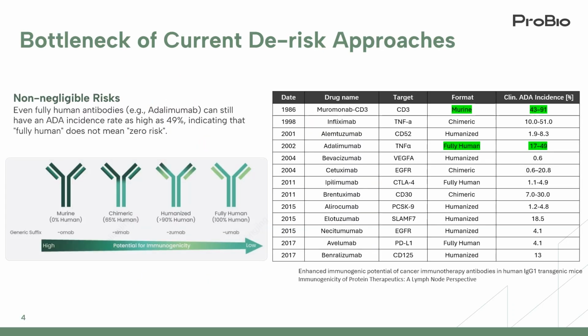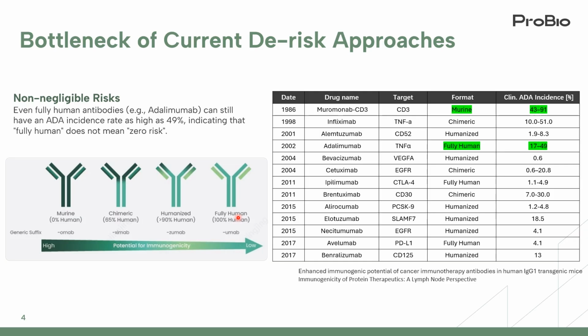As of nowadays, sequence engineering, such as humanization, is still the most well-established and widely accepted approach to reduce the risk of immunogenicity. With the climbing of percentage of a human sequence, people start off with murine antibody, followed by chimeric and the humanized version, end up with fully human ones.